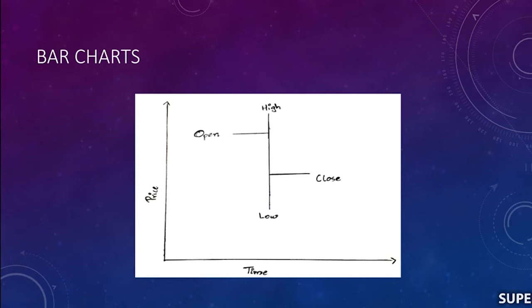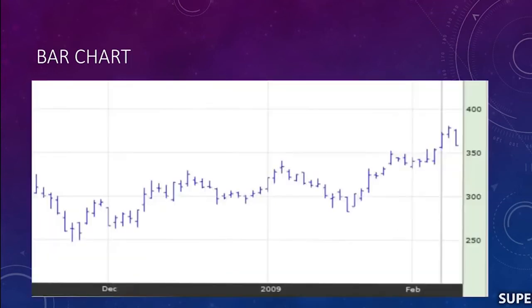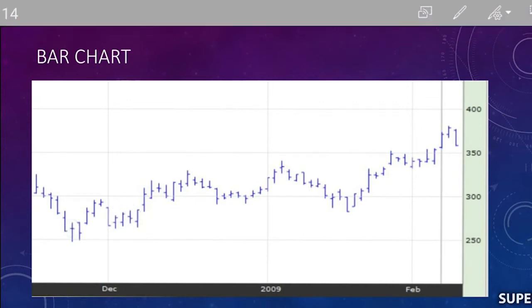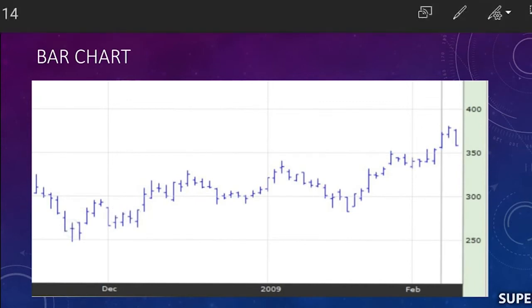In this chart, we are using a number of bars to represent a time period's price tendency. Here the price decreased, again increased. There is a zigzag, stagnant movement in price that we can understand at a single glance by looking at this chart.